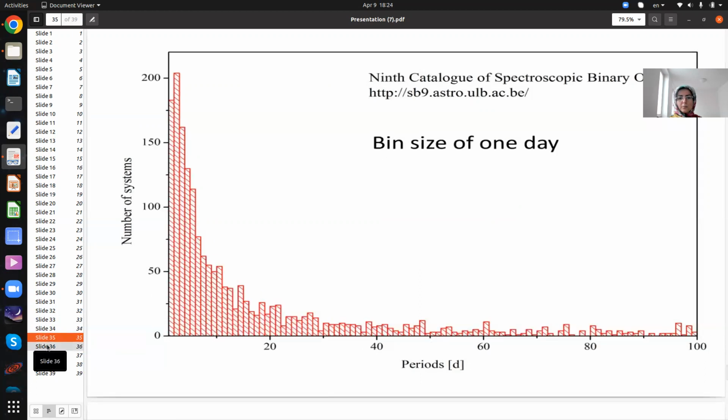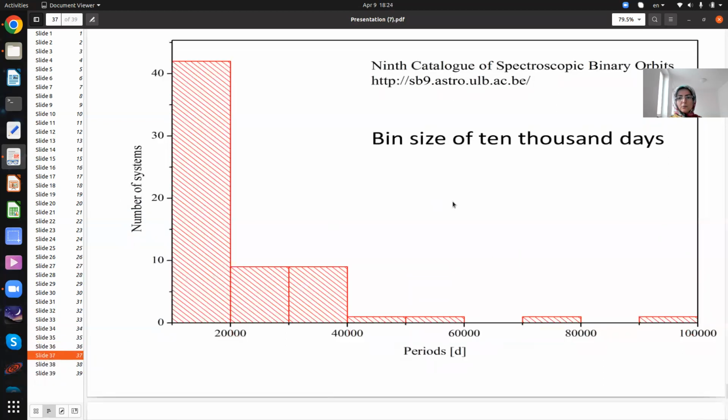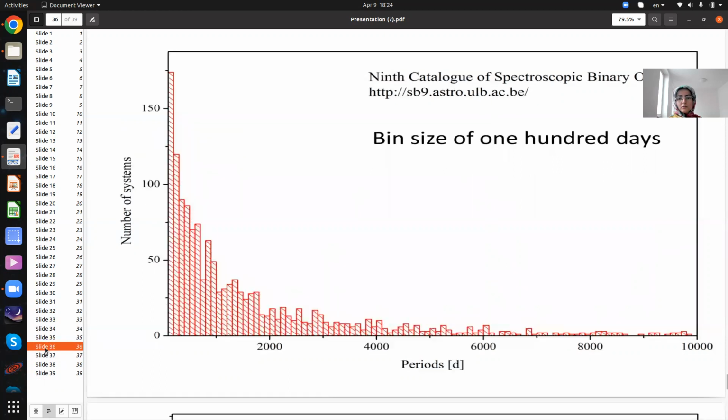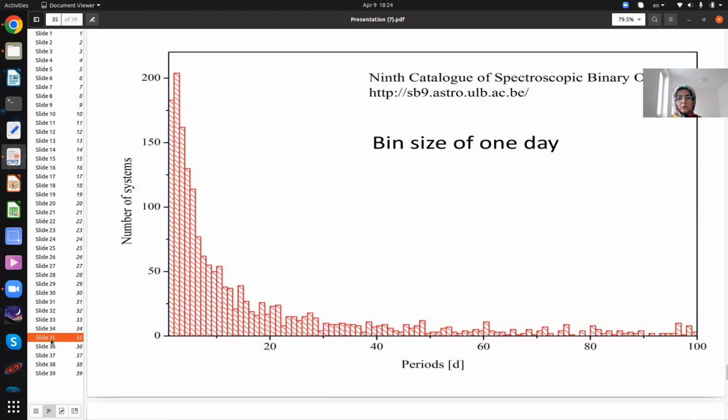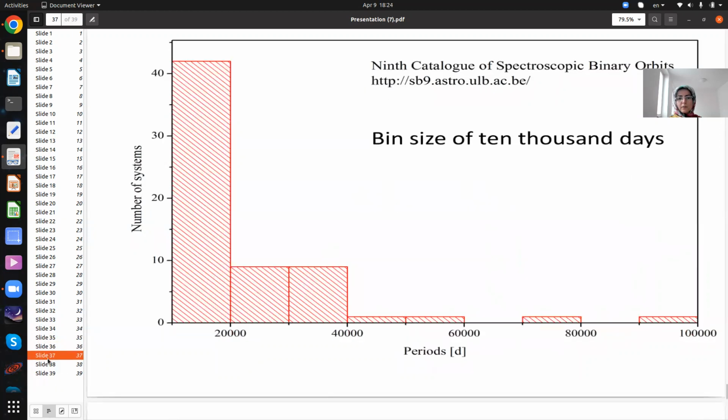If you compare, you see that there are more. And if you observe for 10,000 days, you see the changes in the number and period. Then if you compare, you see a huge difference between them.